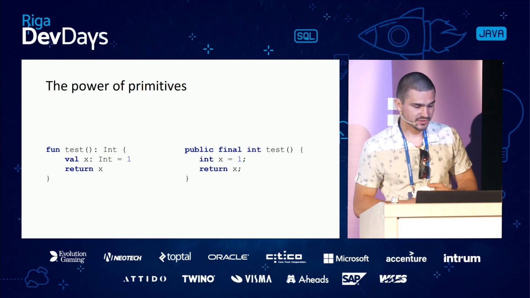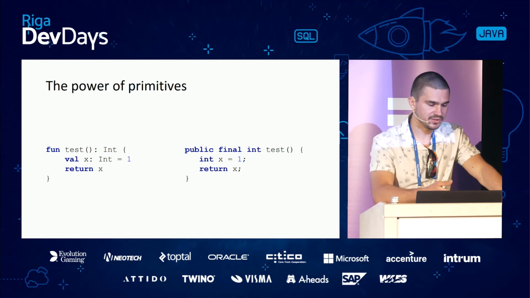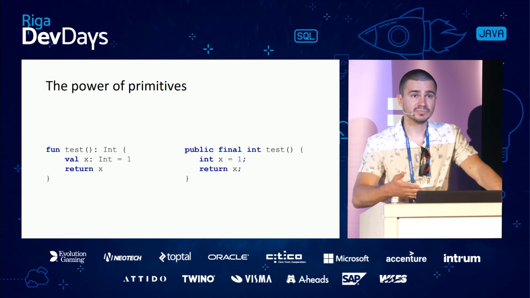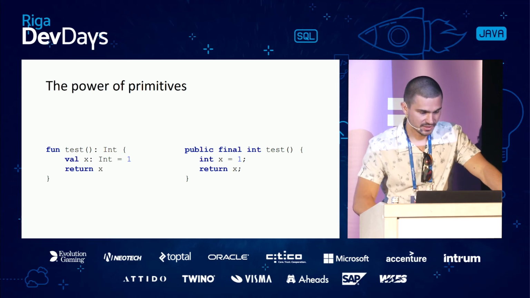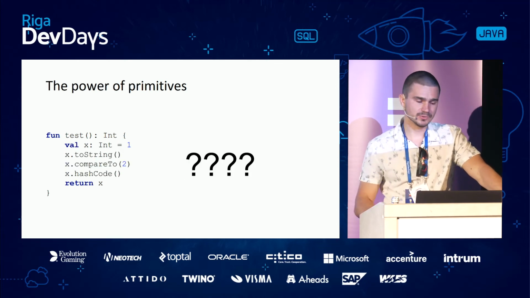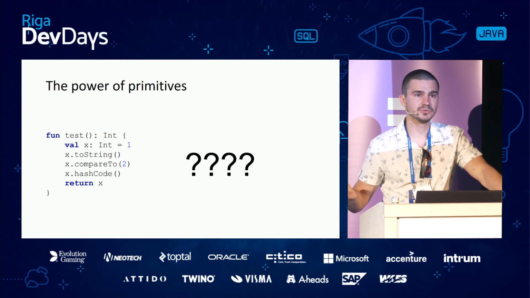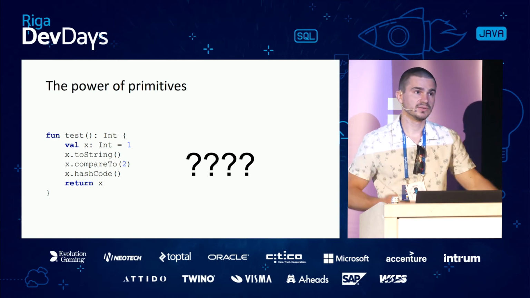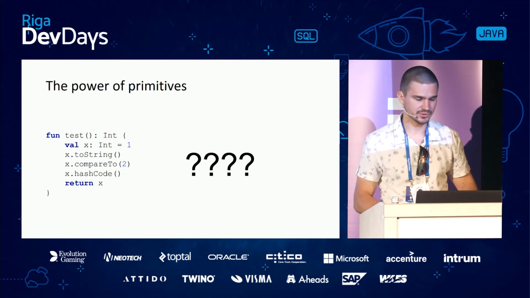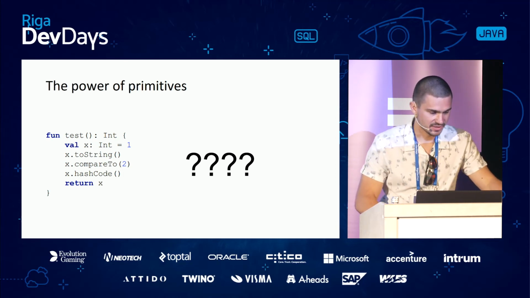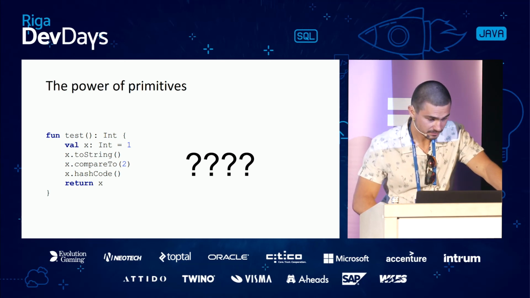The interesting thing here is that if we define Int, in the Java code it will be represented also as a primitive, not as a wrapper of the primitive. So it's cool. But one more cool thing is that you can even use methods which are general to objects on those types. In Java, you have primitives, but in Kotlin you can work with them as objects. You can just call toString, compareTo, or hashCode on an actual Java int.